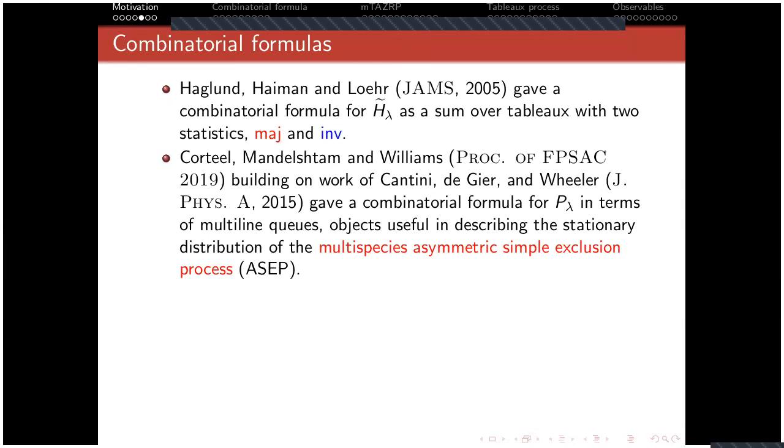Corteel, Mandelshtam, and Williams, building on some earlier work of Cantini, de Gier and Wheeler, gave a combinatorial formula for these P lambdas, the original Macdonald polynomials, in terms of these multiline queues that Nimisha explained, and which, as she said, were used in describing the stationary distribution of the multi-species ASEP.